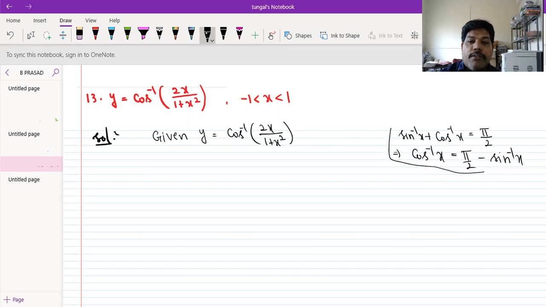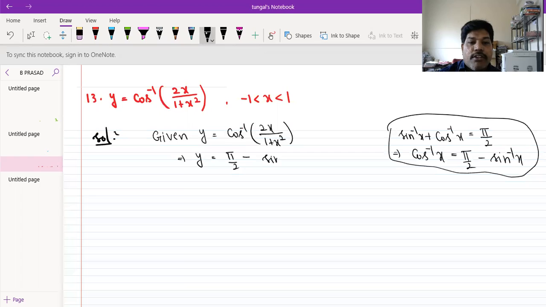So y is equal to pi by 2 minus sine inverse of 2x by 1 plus x square.